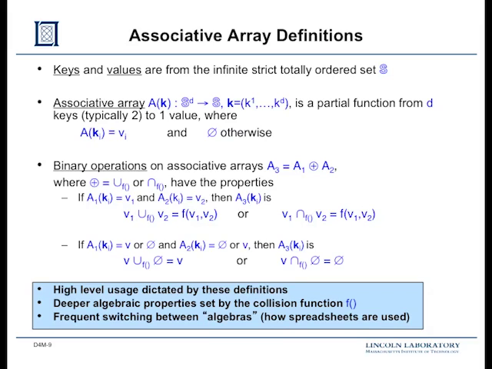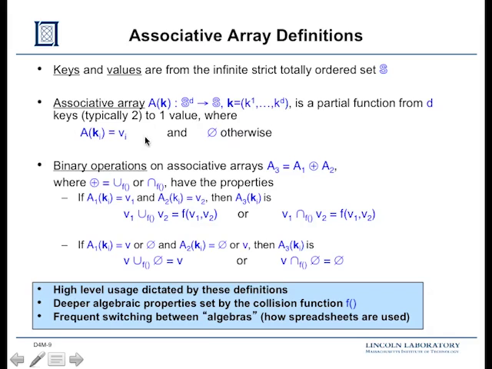So given those keys and values, an associative array is a partial function from a d-dimensional set of keys to a value. So if we have the vector of keys, typically d will be 2, the first k1 will be the row key and then a column key, and it will map us, as a partial function, from the d keys to one value.